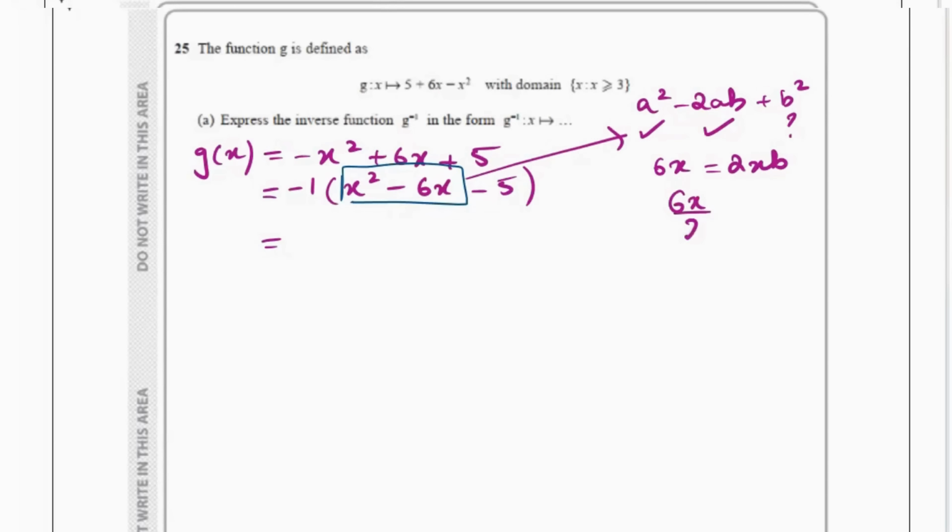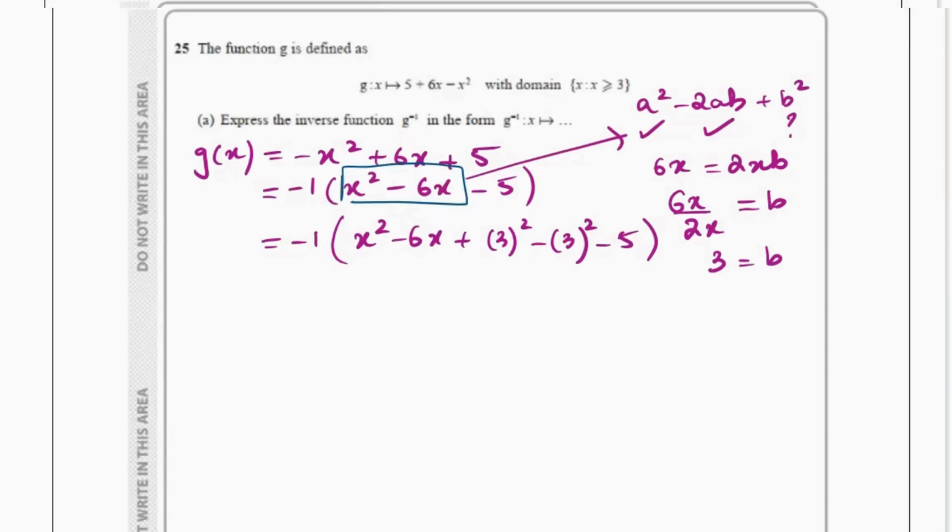So 6x divided by 2x is going to equal b, which is 3. So to complete the square, we're going to add 3 squared, and then we're going to subtract 3 squared as well, because plus 3 squared is a new term that we've introduced in this equation. So in order to maintain the balance, we subtract it as well.